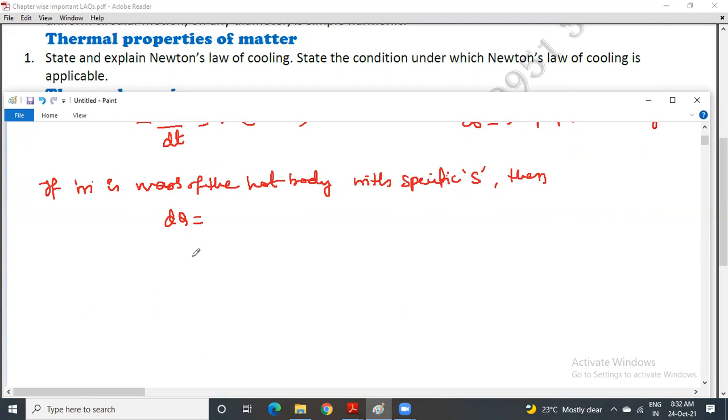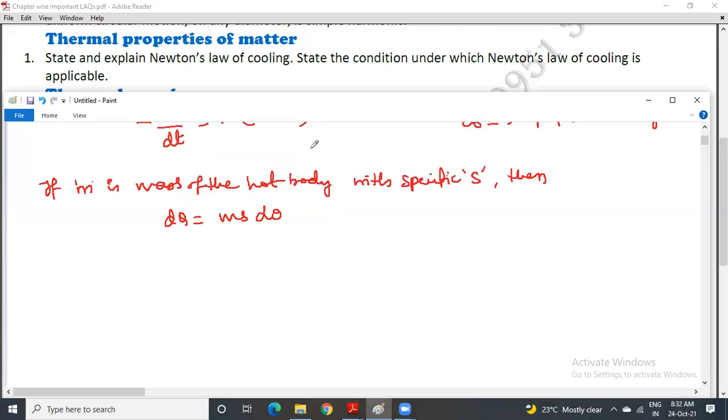This is the amount of heat given to the body, with d theta the temperature difference.